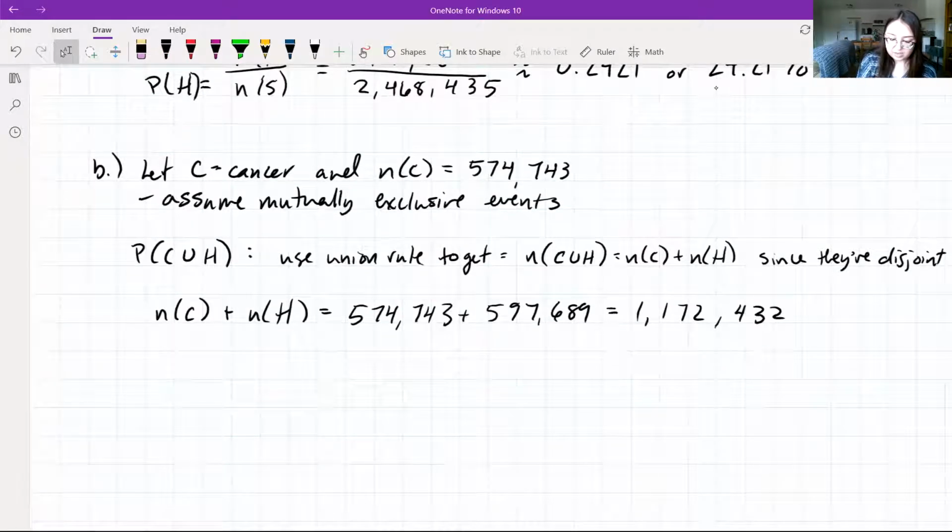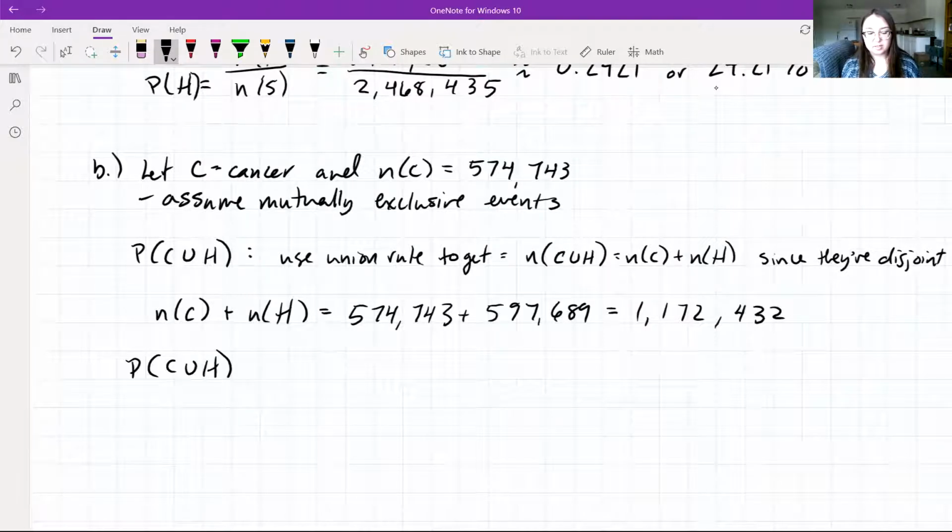So when we find our probability of cancer union heart disease, or C union H, I'm going to bring this down.